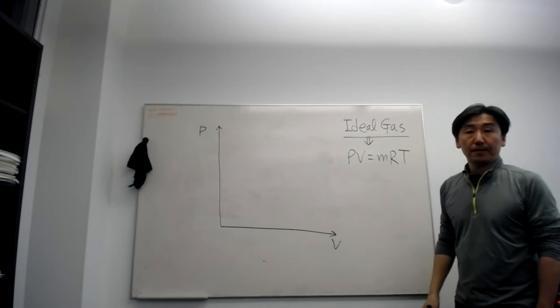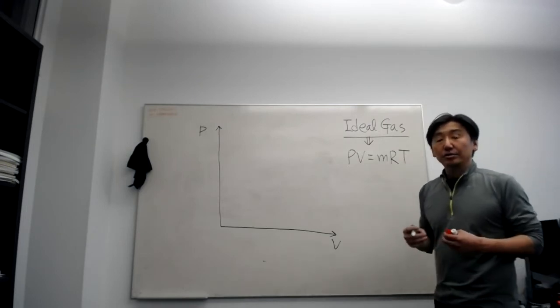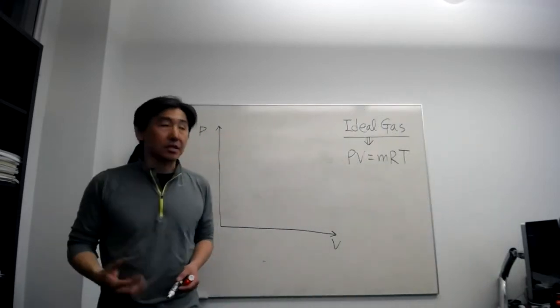Now, for the ideal gas, we know that PV should be equal to mRT, right? Then, how can you draw the isothermal process of an ideal gas where temperature is constant?